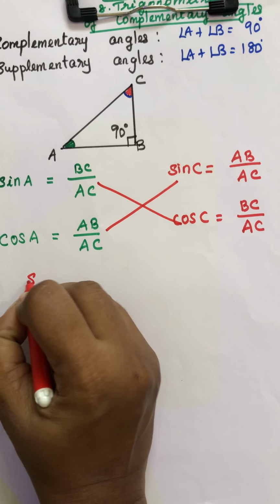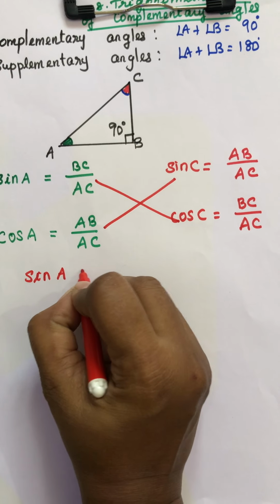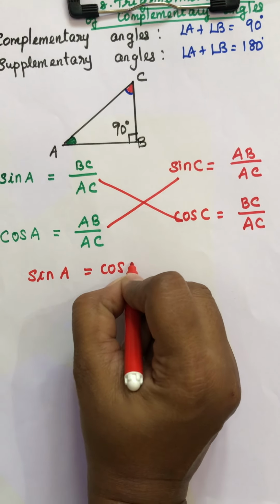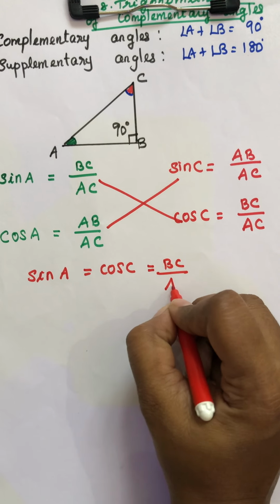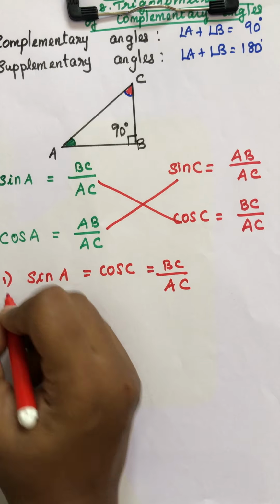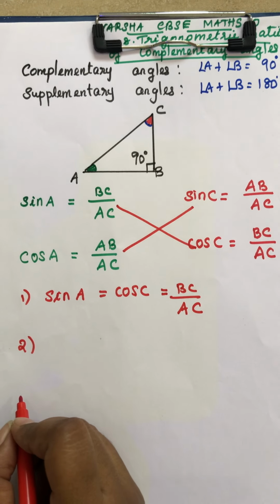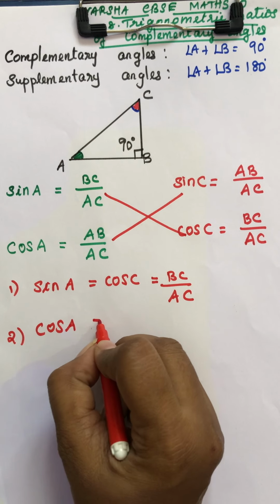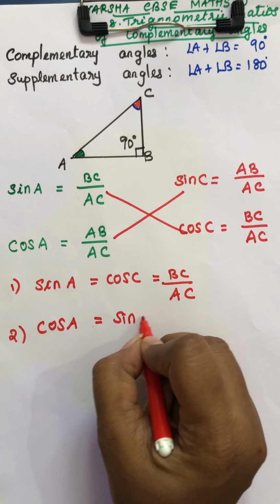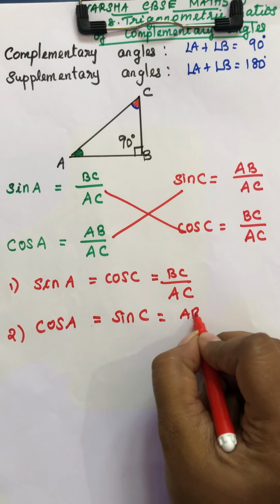It means sin A is equal to cos C, which is BC by AC. The next thing is cos A is equal to sin C, which is AB by AC.